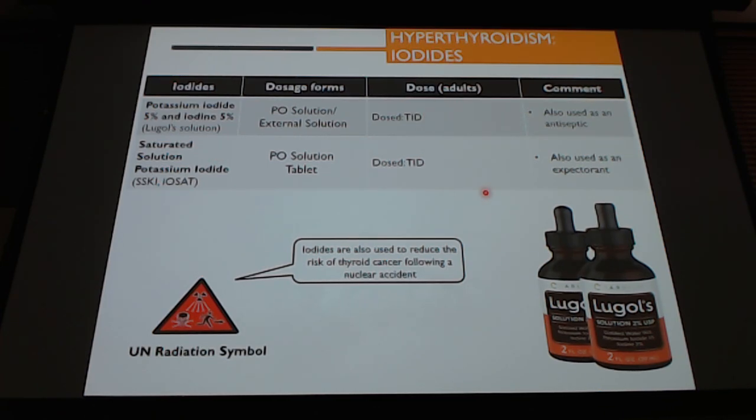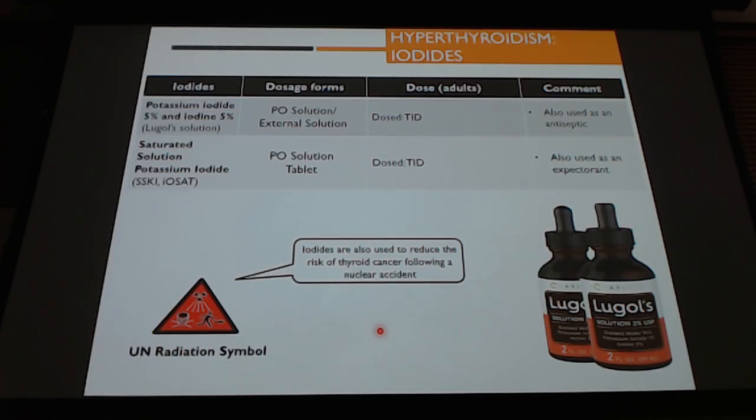You see they're dosed quite frequently. Good medications, we'll talk about these whenever we're looking at our thyroid storm. So when you are looking at these, they are called iodides. This one has iodine in it, but iodide means that it has iodine moieties attached to it.